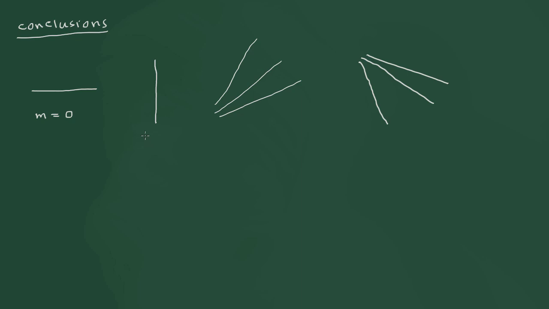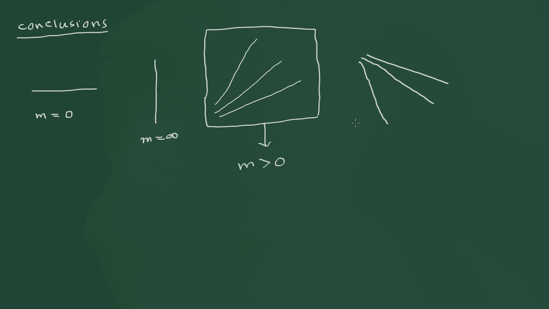When the straight line is perfectly vertically up, then the slope is equal to infinity. For this case, you can consider the set of all lines, not a single line. It's a set of all lines that you can choose, and you can say that it has a positive slope. You say that m is greater than 0, it's a positive slope. And in the last option where all the straight lines are facing down, their slopes are negative slopes. We say that m is less than 0.